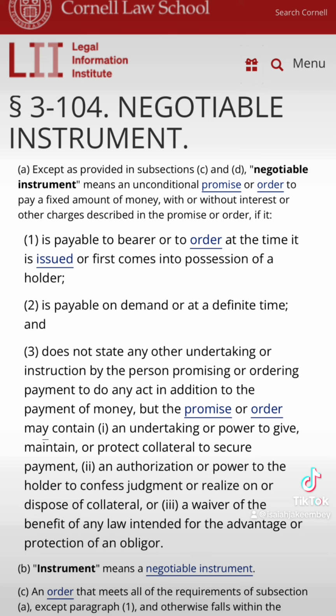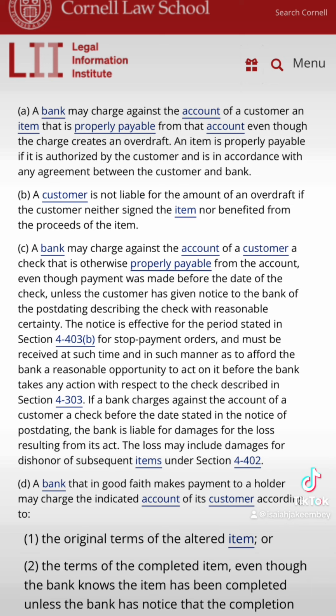Now, why is that important? Because according to the code, a bank may charge against the account of a customer an item that is properly payable from that account, even though the charge creates an overdraft.